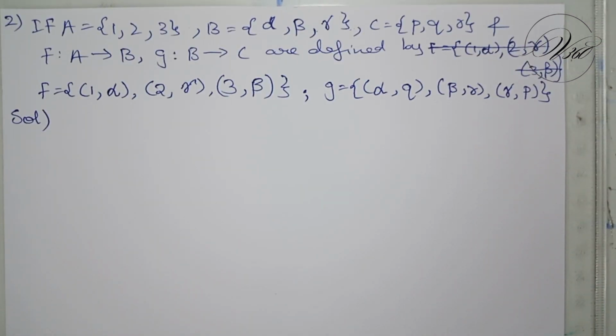Now here we are going to do the second problem, that is, if A is equals to 1 2 3 and B is equals to alpha beta gamma and C is equals to p q r, and f maps A to B and g maps B to C, are defined by f is equals to 1 comma alpha, 2 comma beta, 2 comma gamma, and 3 comma beta, and g is equals to alpha q, beta r, and gamma p.